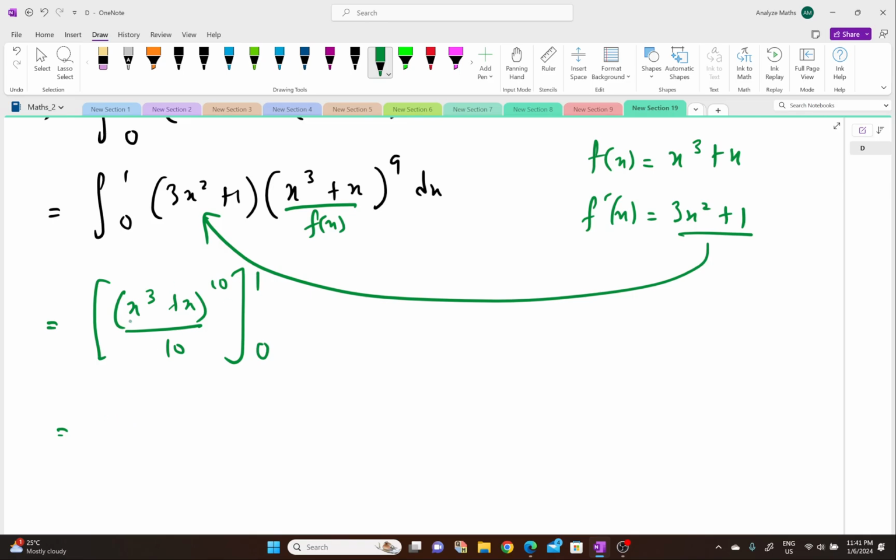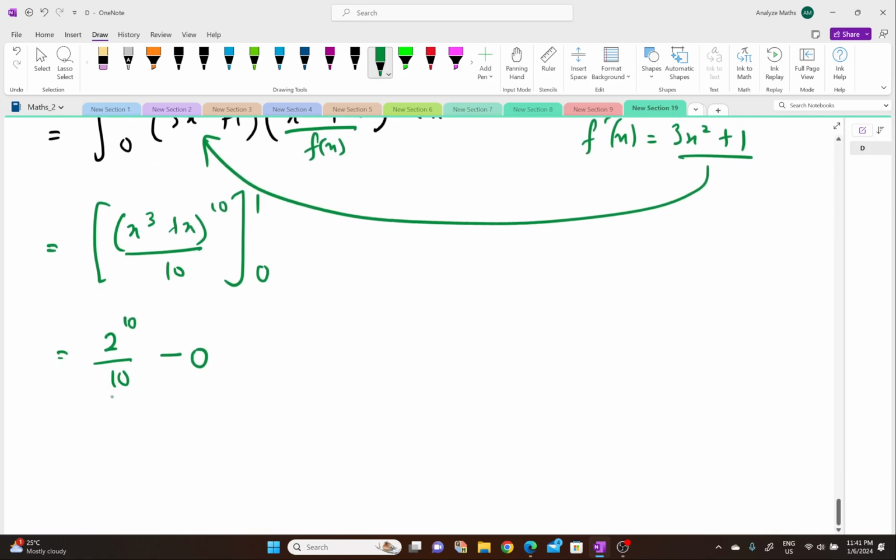If you replace 1 inside here, it becomes 210 minus 0, because replacing 0 makes the whole thing 0. You can leave the answer like this, or put it in a calculator.